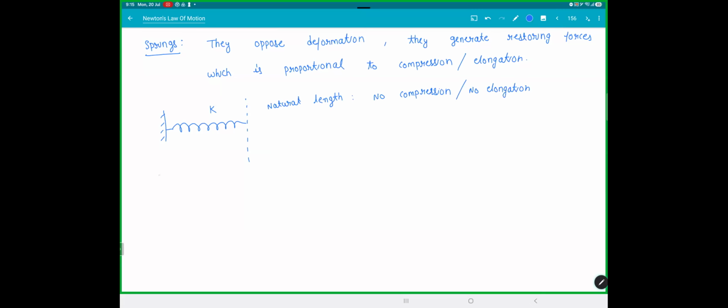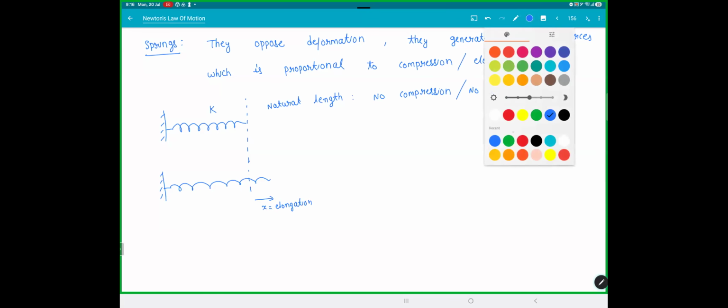So if you take a spring and try to compress this, or try to pull this, if you stretch it, the spring will pull you back.